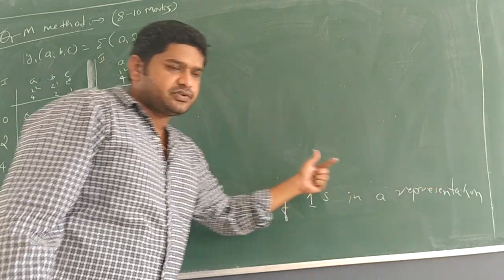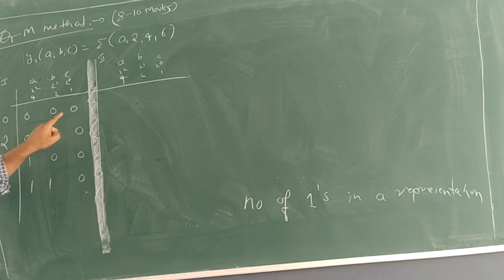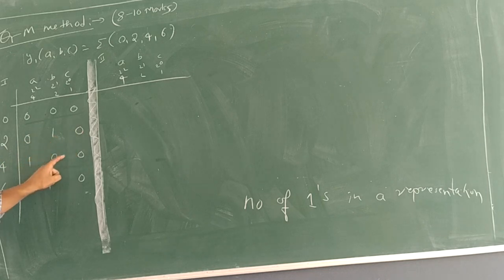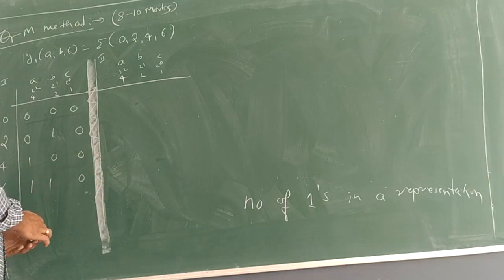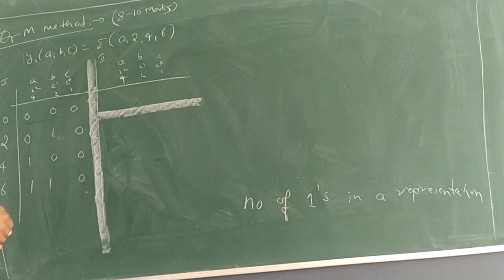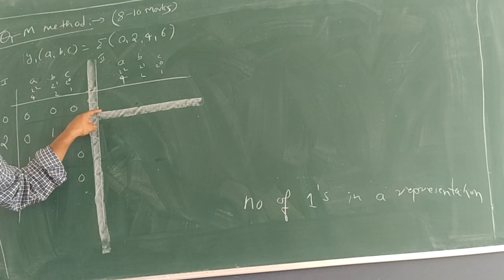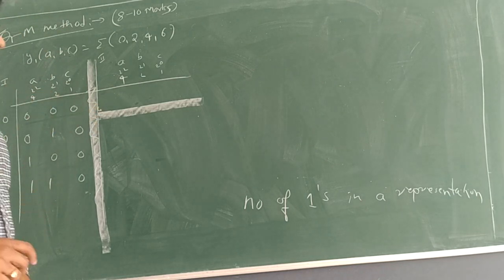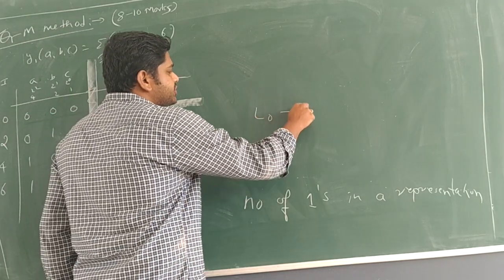The representation means this one: 000, 010, 100, 110. These are the representations of 0, 2, 4 and 6. Here I will write the level. Here we call it level 0.